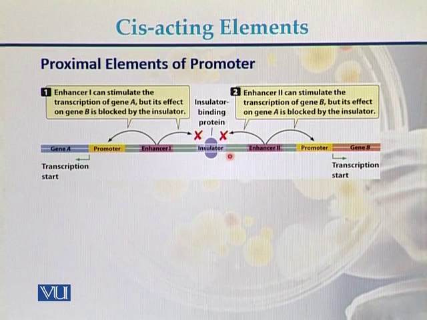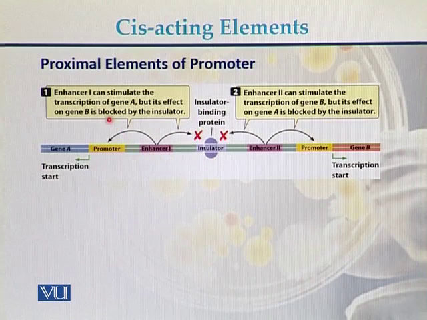Here is a diagram in which there are two genes. This is gene A. Along with the gene, there is a promoter and there are enhancer sequences. On the right part of the diagram, here is gene B, here is the promoter, and here are the enhancers. Between these two genes, there are insulators.